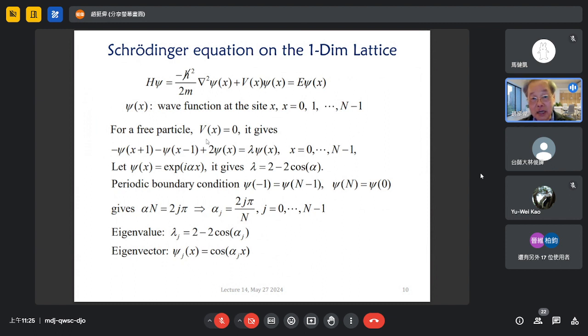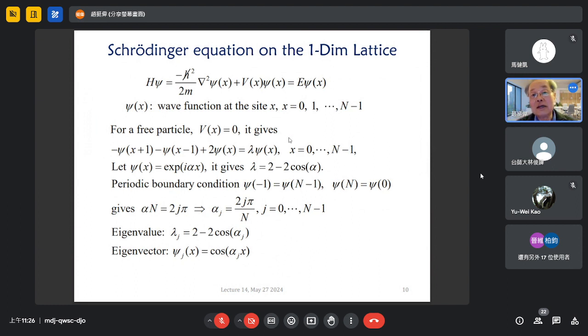If I give you any V(x), not the free particle, not the linear potential, not the harmonic oscillator, say x to the fourth or even higher order, then you cannot get an exact solution at all. But numerically, you can always get the eigenvalues and eigenfunctions out of it.